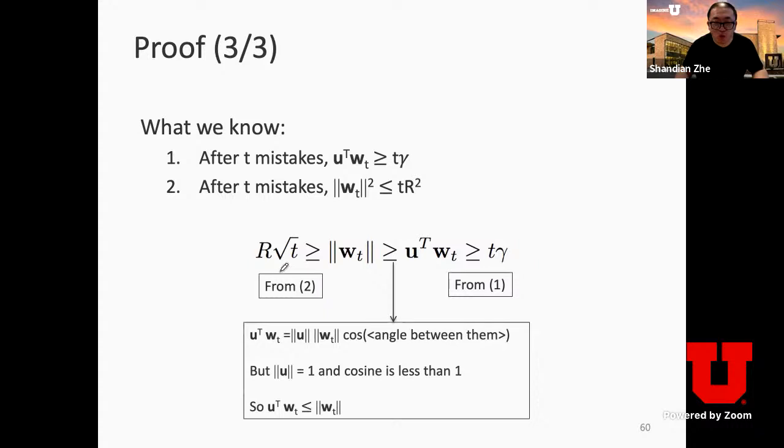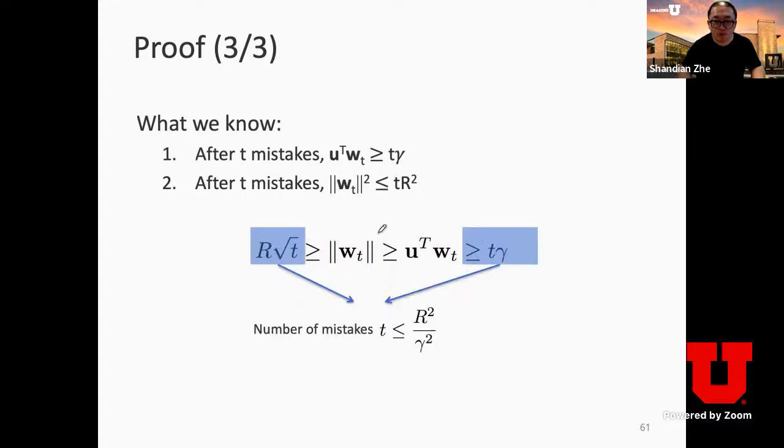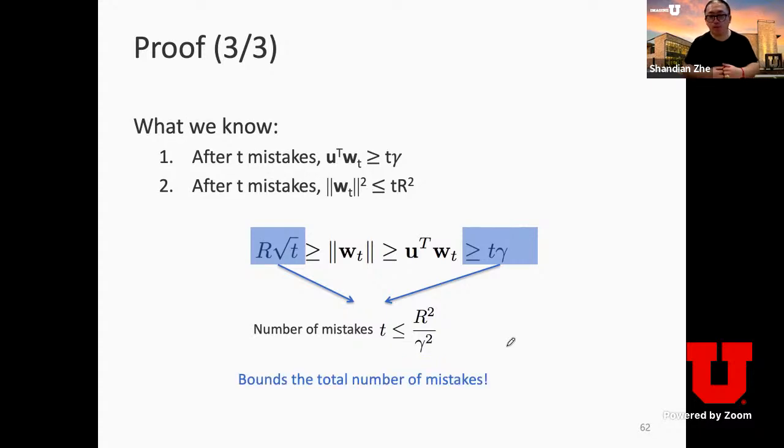So we can now connect the leftmost and rightmost terms because they both include the number of mistakes t. We just solve this new inequality with regard to t, and we can derive that the number of mistakes t is always less than or equal to r squared over gamma squared. This is our upper bound on the total number of mistakes.